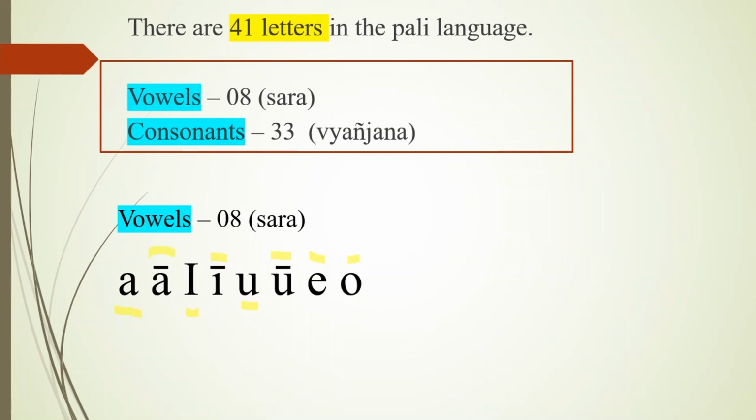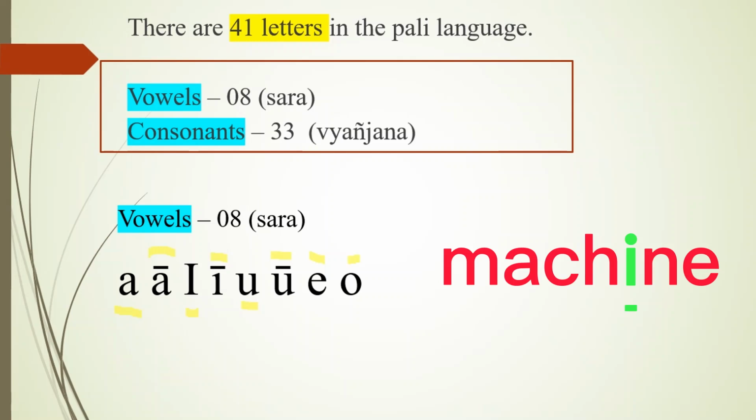Then A is pronounced like art, art. I is pronounced like pin, pin. I is pronounced like machine, machine.